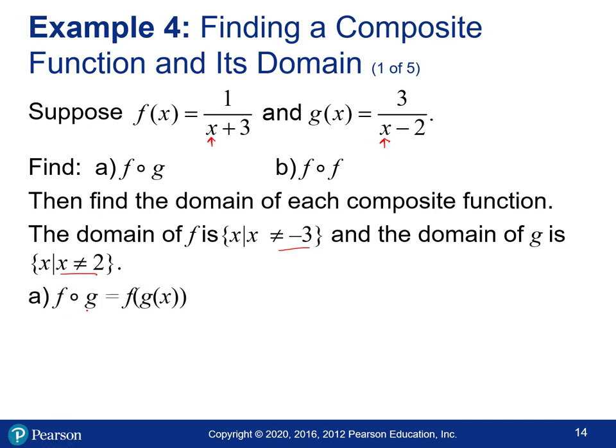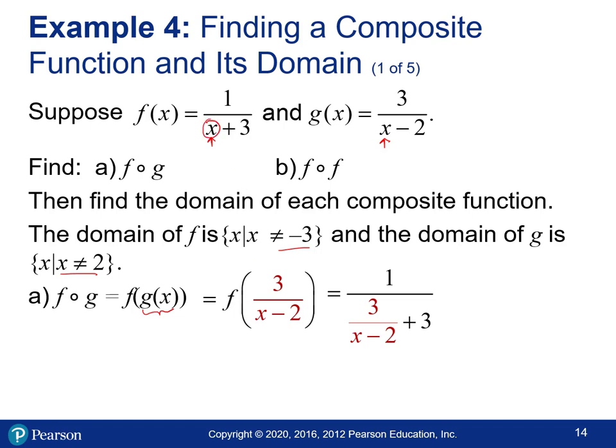Now, f composed with g is f with g plugged into it. That means exactly where there is this inside of the parentheses, I'm going to put 3x minus 2, because that's g. The very next step means where there used to be an x in my function, I'm plugging in whatever's in the parentheses. It used to be x, but now it's this whole quantity, the function g, taking the place of x.